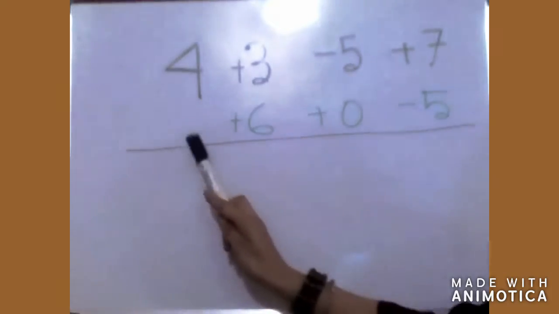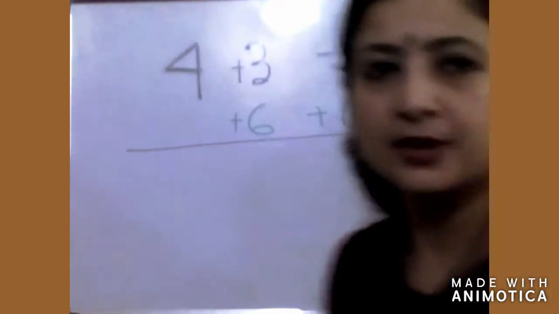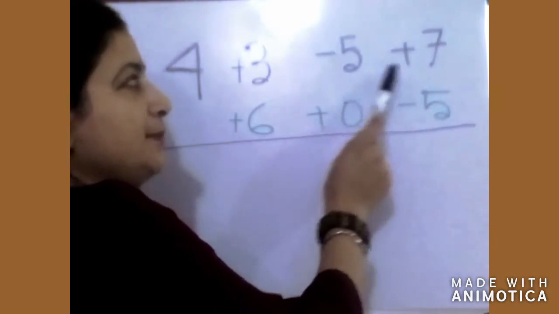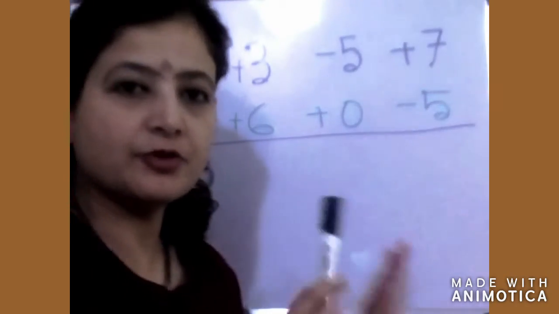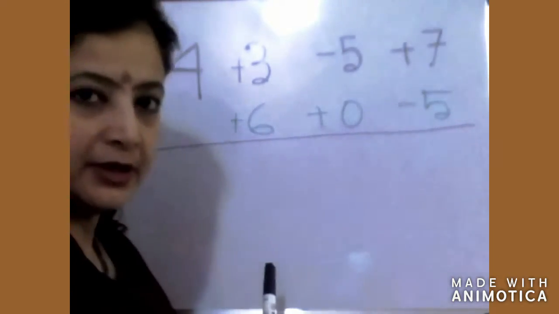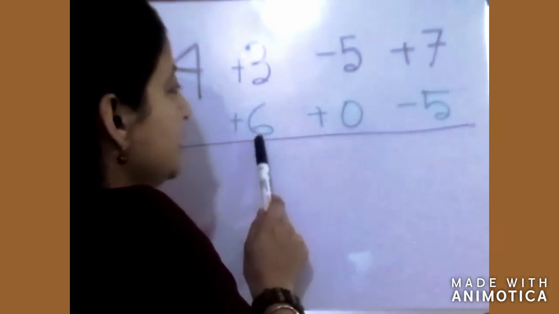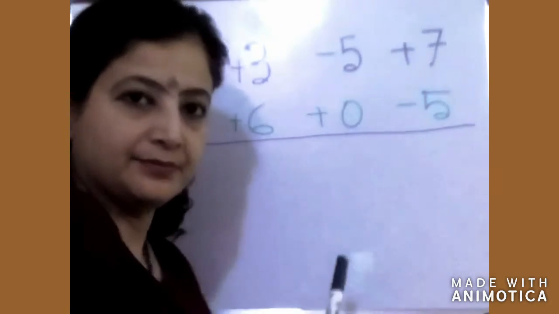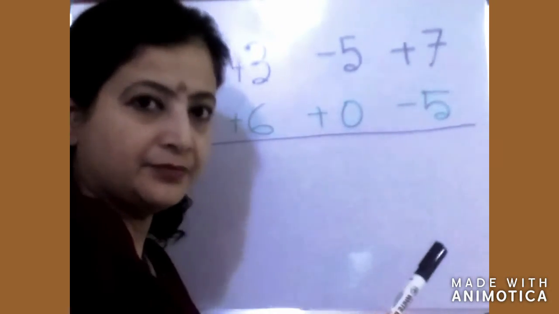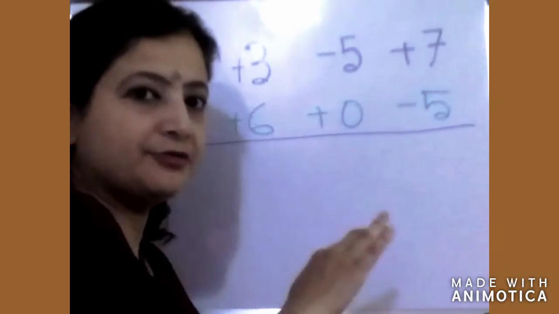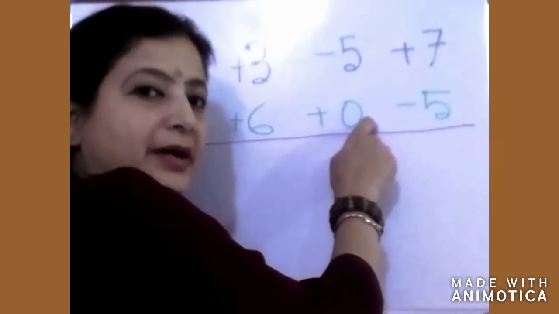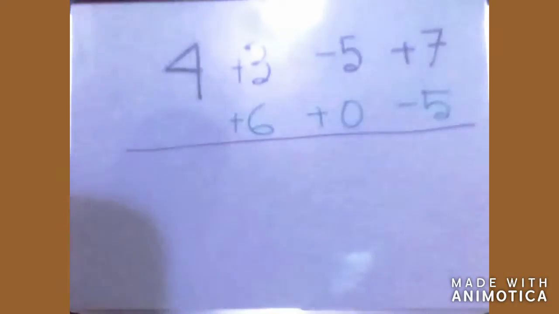From the first polynomial we got 4 plus 3 minus 5 plus 7 after detaching the coefficients from the variables. And from the second polynomial we got 6 plus 0 minus 5. 0 is written because there was no x term, but according to the power we have to write it, that's why we make the coefficient 0.